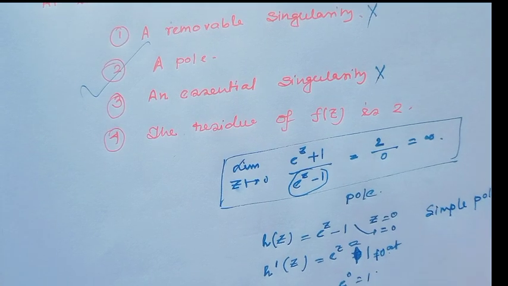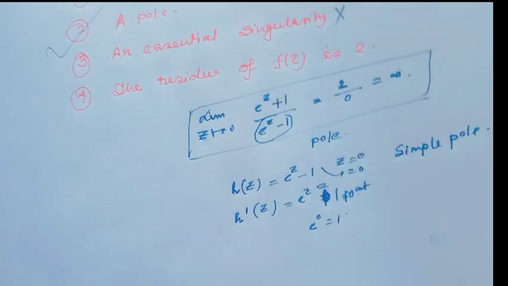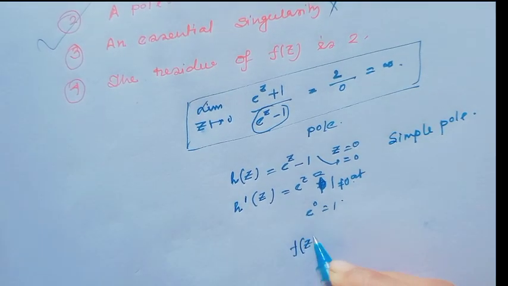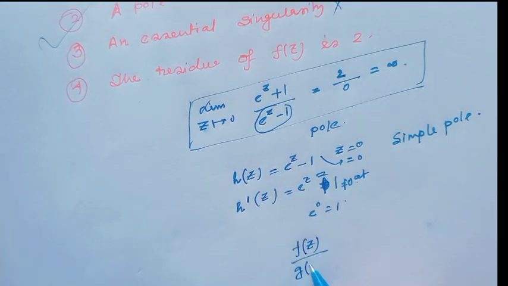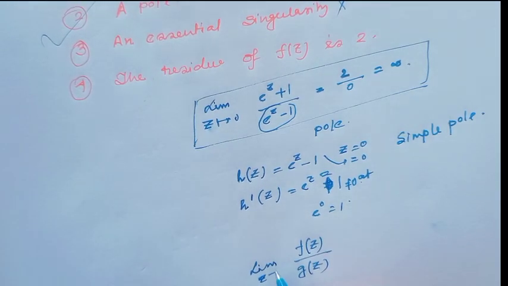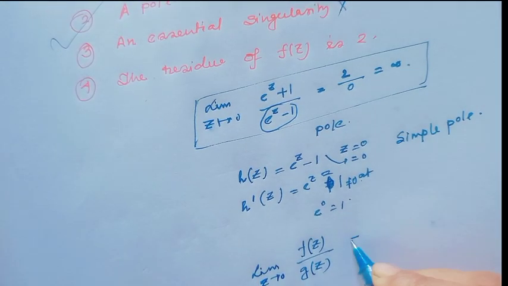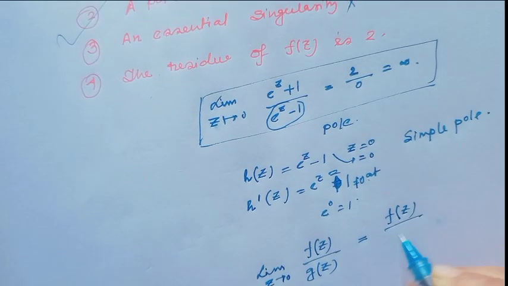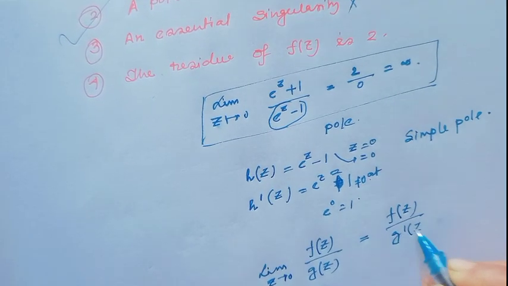We all know, when the singularity is a simple pole, then for the function f(z) over g(z), the residue at z equal to 0 is the limit of f(z) over g prime (z).